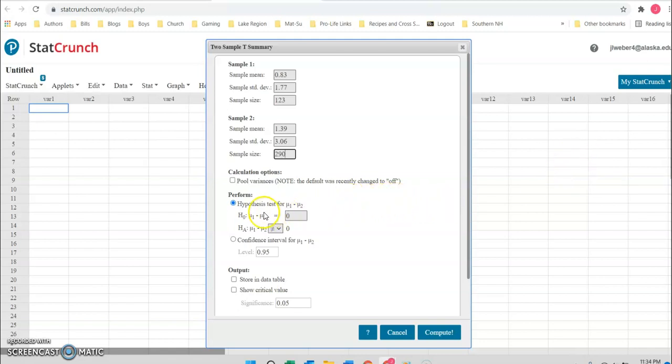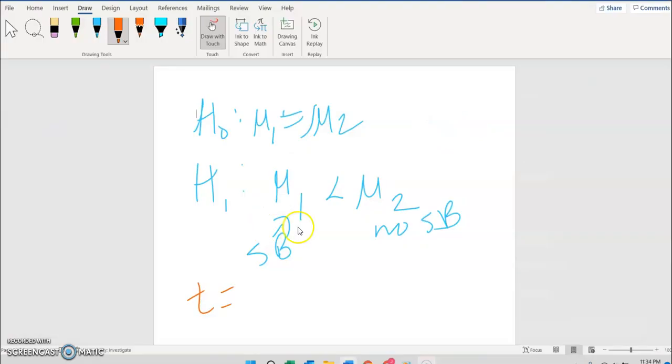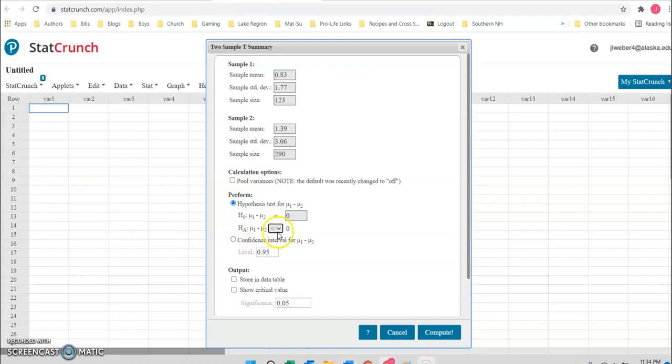Okay, now I'm going to leave that there. I'm going to change here, and I want to change the hypothesis. So now I'm going to come back here for a minute. What this is really saying is that mu1 minus mu2 is less than 0. So I'm saying that this is going to give me a negative result. So is that what I just put in here? Yes. Okay.